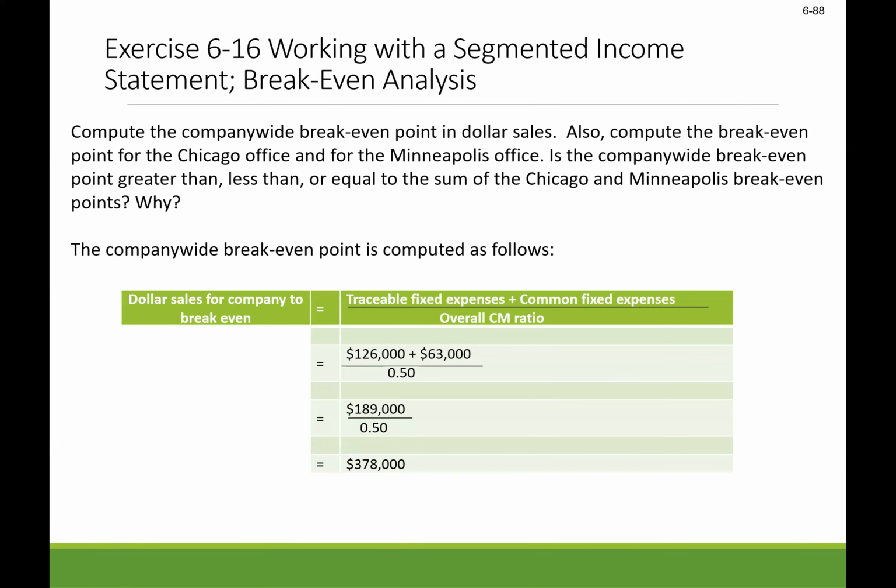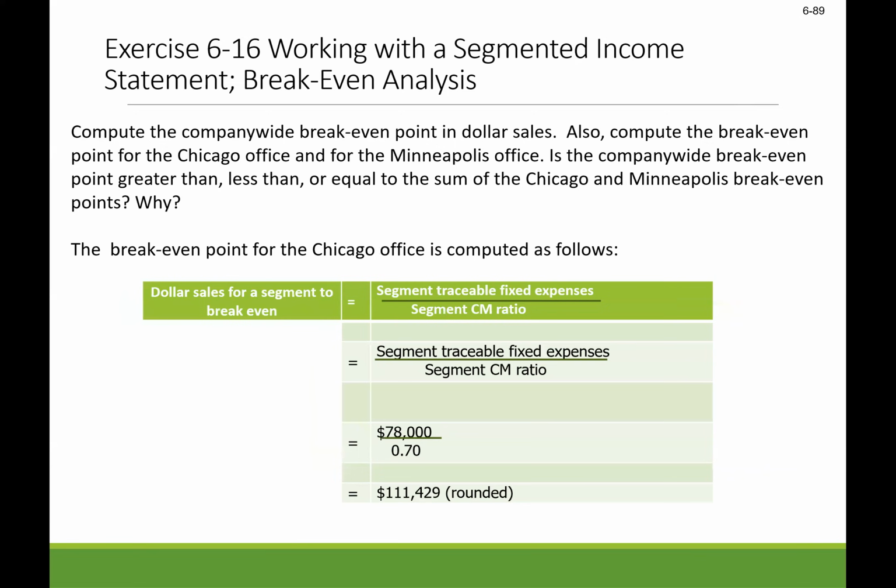So you see, the company-wide break-even is 378,000. The Chicago office is 111,429. They're traceable fixed divided by their contribution margin.